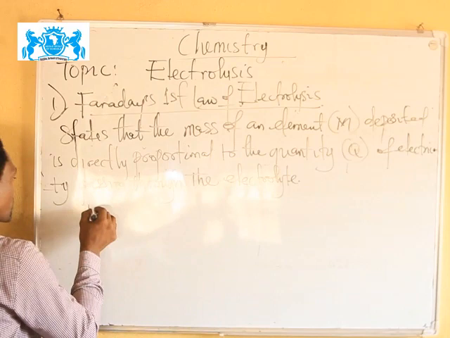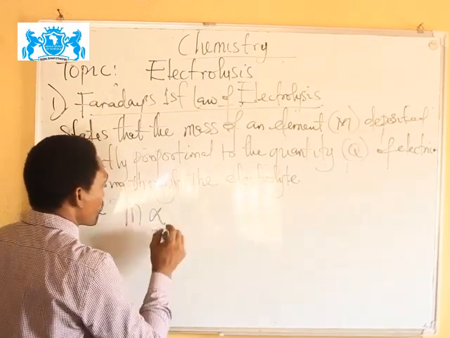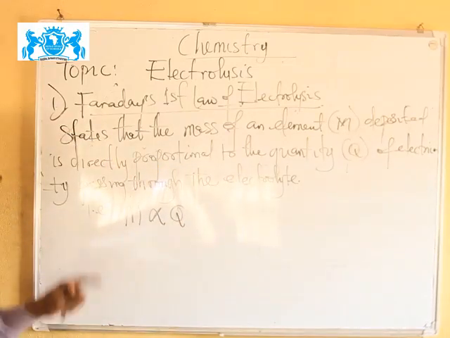That is to say that M mathematically is directly proportional to what? Q. Mass of the element deposited is directly proportional to the quantity of electricity, Q, passing through the electrolyte.